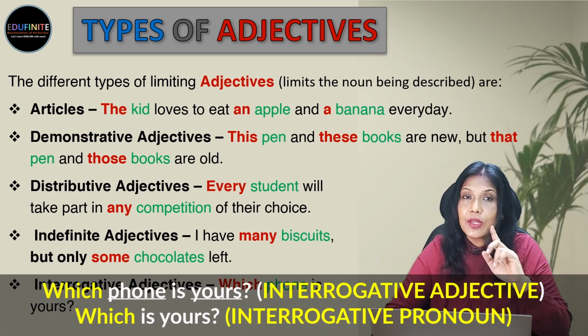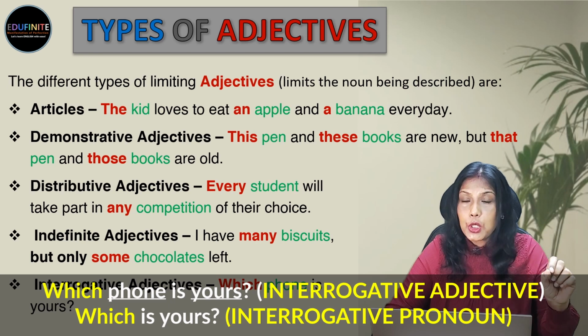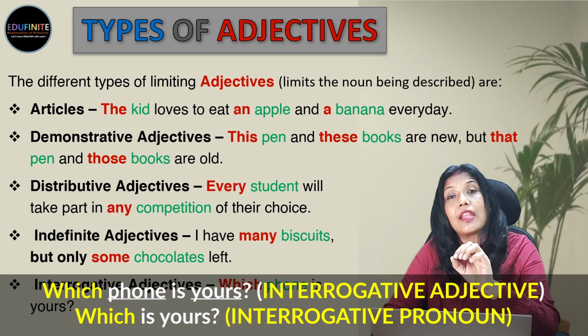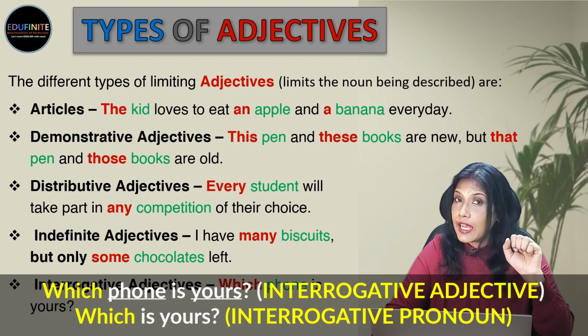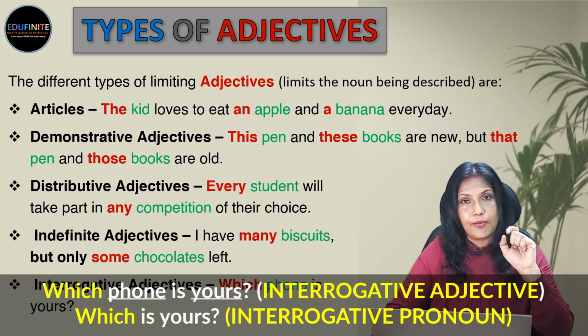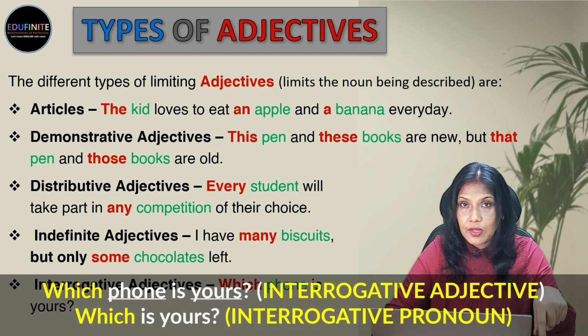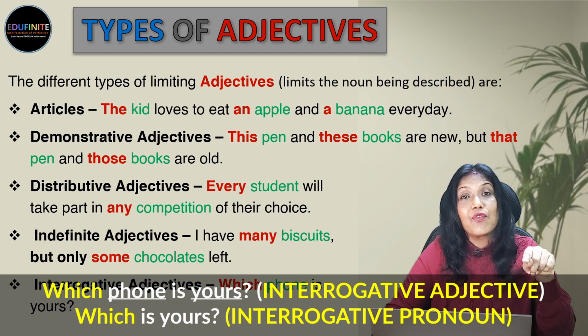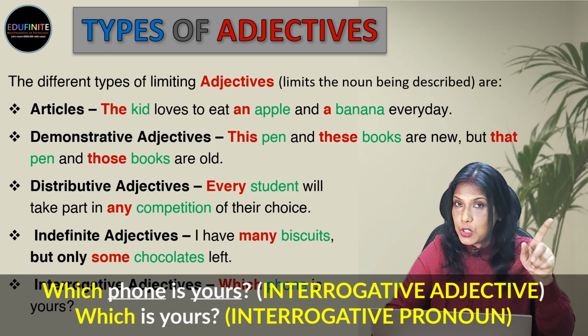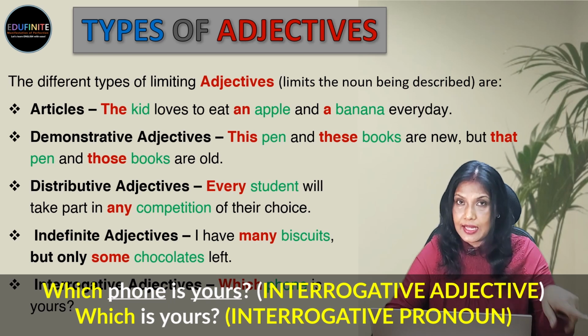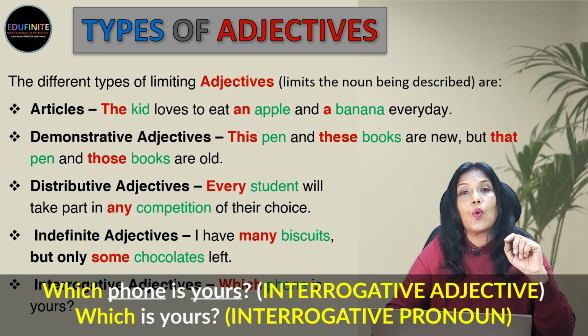So here, which phone is yours, when I ask, which is modifying the noun phone, hence which is an interrogative adjective. But if I ask, showing the phones on the table, and I say which is yours, then which is not followed by a noun. In that case, which will play the role of an interrogative pronoun.